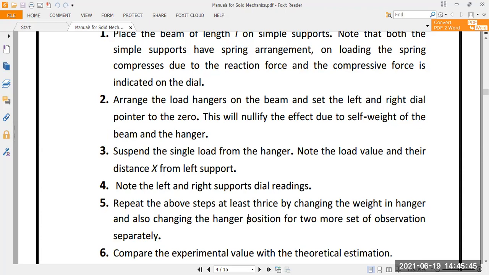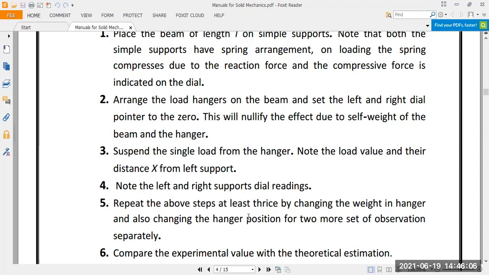Next, go to the right side dials. Right and left side dials give you the support dial readings. Repeat the above at least thrice by changing the weight in the hanger and changing the hanger position for two or more observation positions.